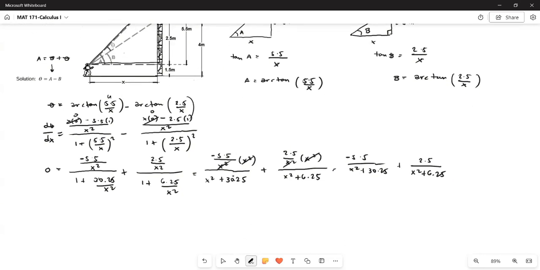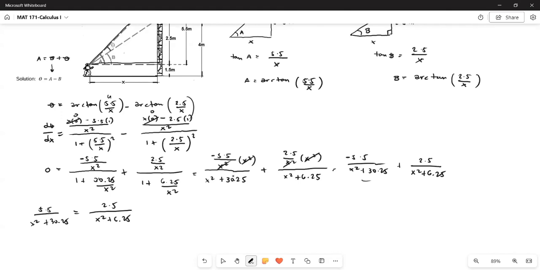So since meron na tayong negative 5.5 over x squared plus 30.25 plus 2.5 over x squared plus 6.25, i-transpose natin yung isang term sa kabilang side ng equation. We will have 5.5 over x squared plus 30.25 is equal to 2.5 over x squared plus 6.25.